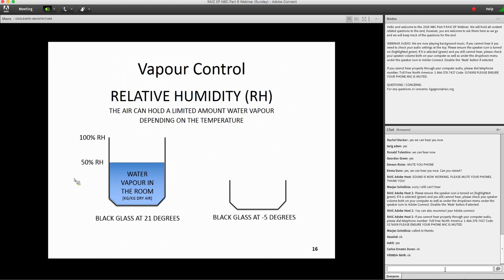So the same glass, when it goes to minus 5 degrees, gets smaller. So in this case, at minus 5 degrees, the 100% relative humidity is actually less quantity of water that this guy air can hold.